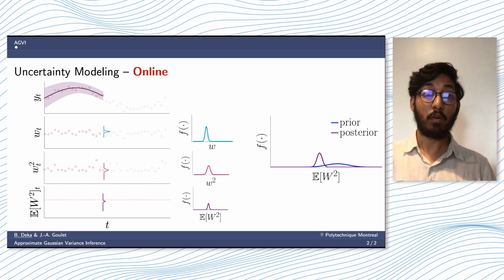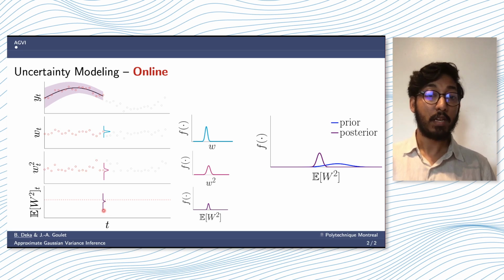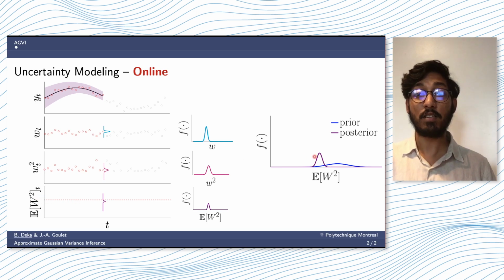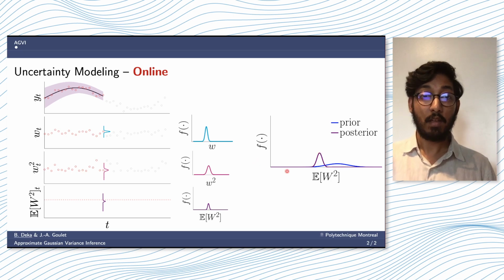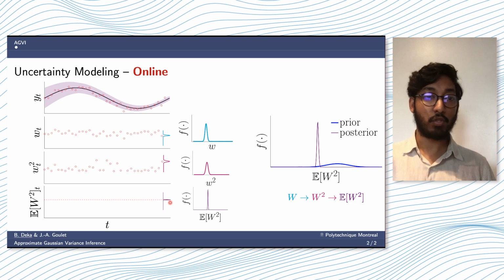However, when we see multiple data points, you'll see that the distribution for the expected value of w squared is moving towards the correct value, which is denoted by the red dotted points, and the uncertainty is decreasing. When we reach the end of the time series, it has correctly converged to the correct value for the expected value of w squared, and the distribution is a Dirac, meaning that there is negligible uncertainty associated with it.